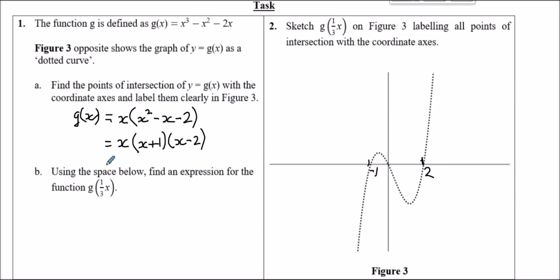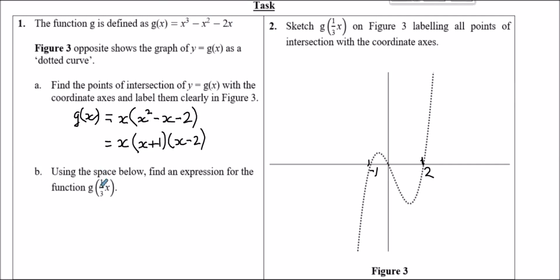For part B, using the space below, find an expression for the function g of 1/3 x. So again, just consider it as an input. G of x, the input is x. We cube the input, we take away the square of the input, then we take away 2 lots of the input.